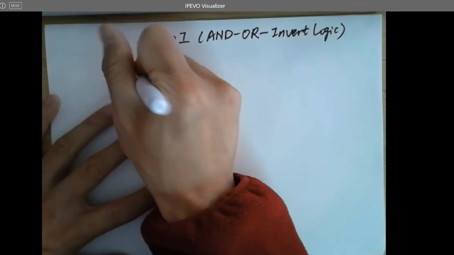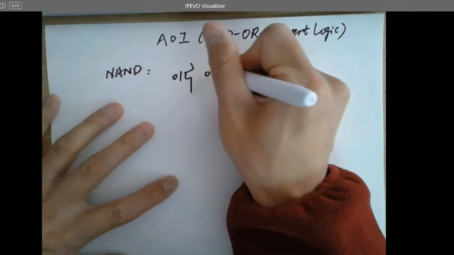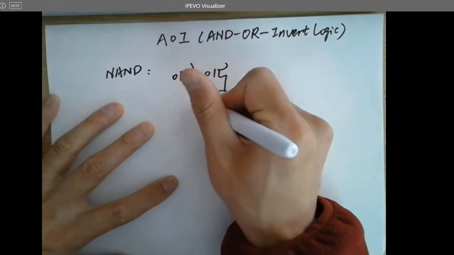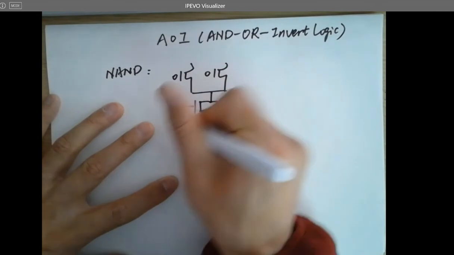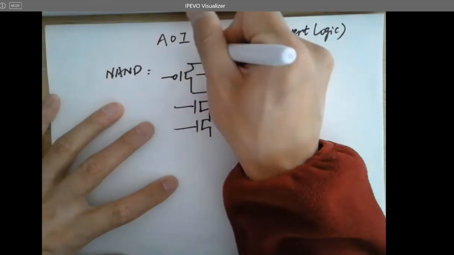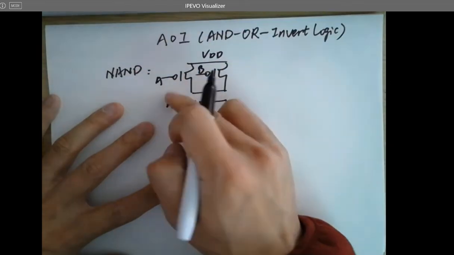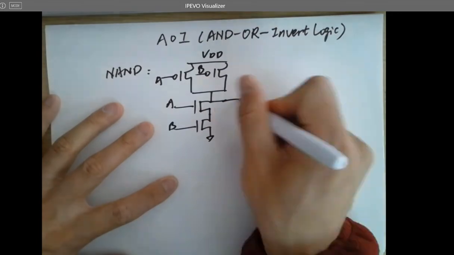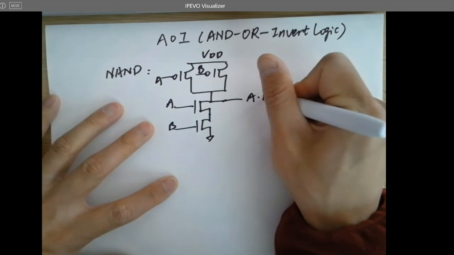That's why for the NAND gate we have this: A is shorted to A, B is shorted to B, ground, and here's the output. It's A NAND B, so A and B bar.